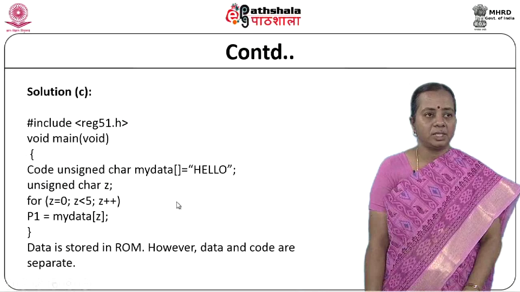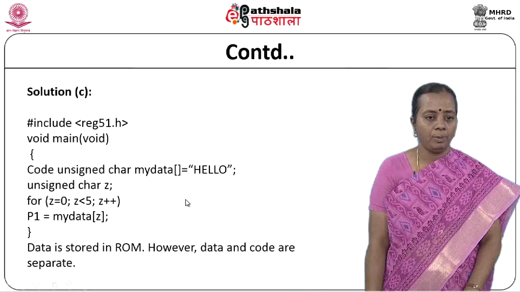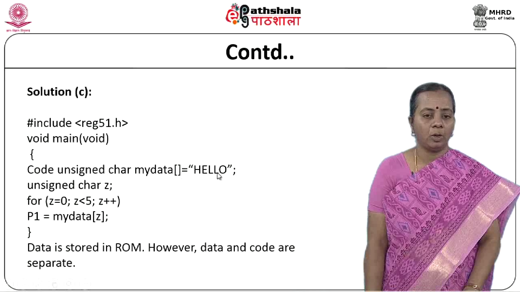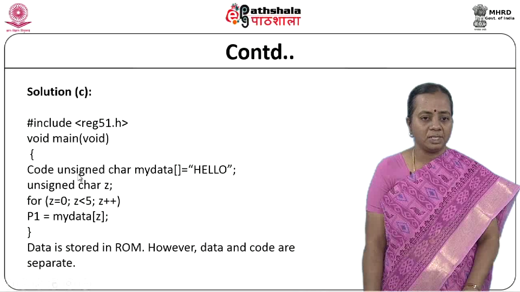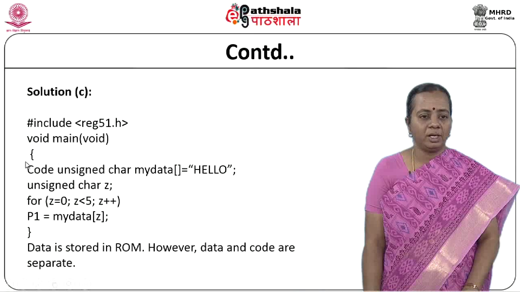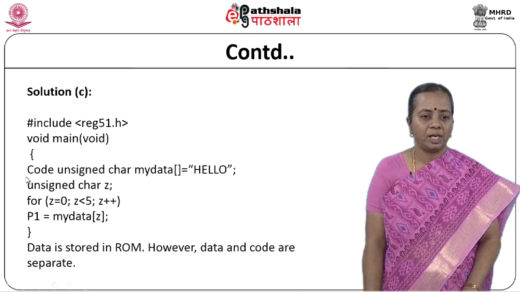This is another way of looking at the same problem, where I make it code unsigned character my data hello. It is unsigned character my data, but along with that we add one more word, code.